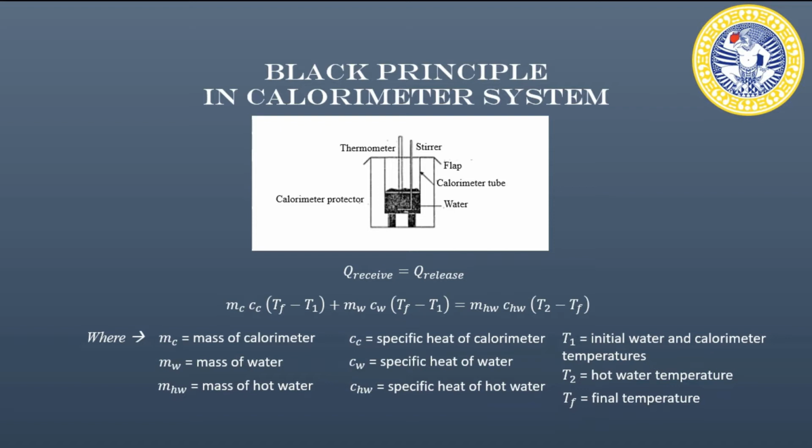The formula is the mass of the calorimeter times the specific heat of the calorimeter times the temperature difference between the final temperature and the initial temperature, summed with the mass of water times the specific heat of water times the difference between the final temperature and the initial temperature.